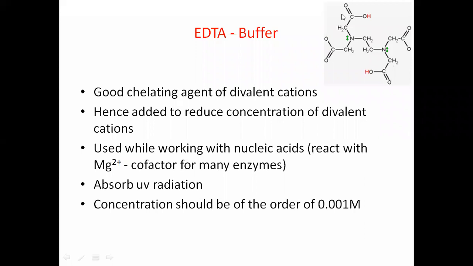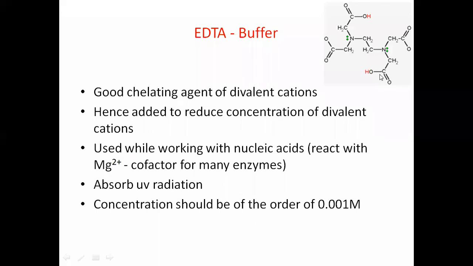And there also an acetic acid, and here also an acetic acid molecule is connected. But here it is H, H, here it is O minus, O minus. So there are 4 acetic acid molecules, an ethylene, and a diamine. So this is called ethylene diamine tetraacetic acid.